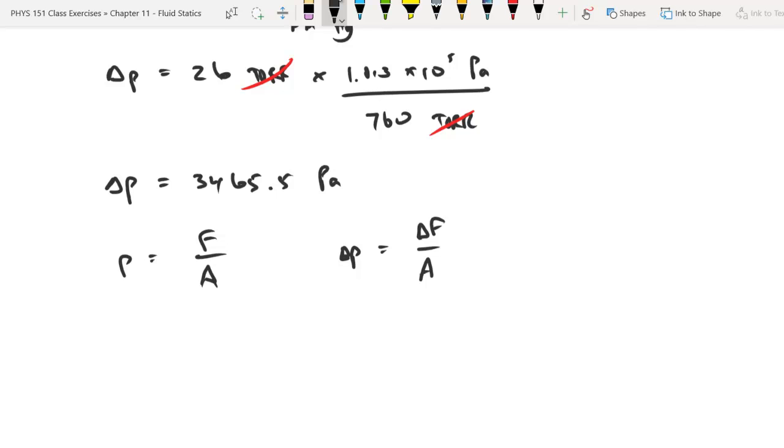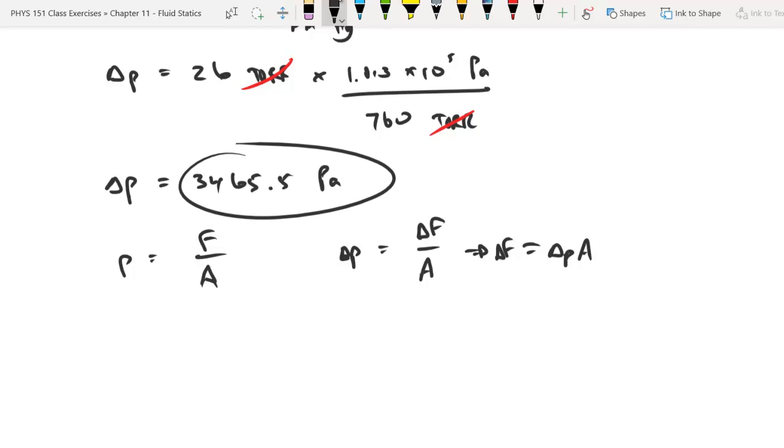Doing some algebra, the change in force is going to be the change in pressure times the area. We have the change in pressure. We just need the area, and if the pressure is in pascals, newtons per meter squared, then we need the area in meters squared, right?